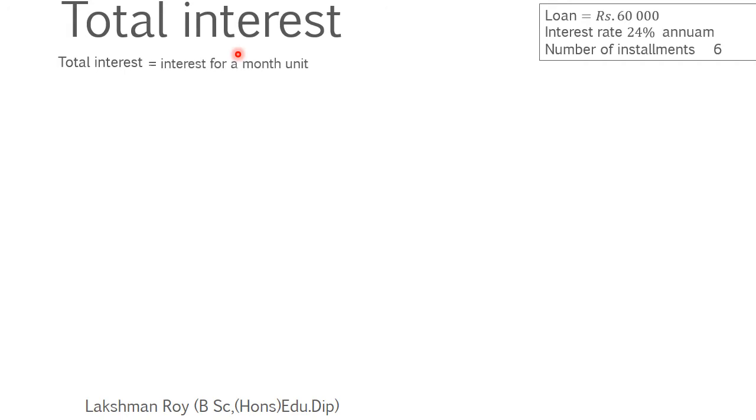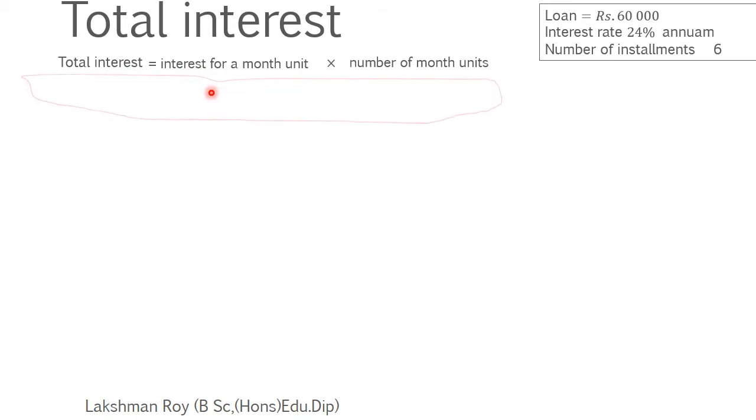One thing is interest for a month unit. Here you get a new word, that is interest for a month unit. We'll see what that is. And also the number of month units. If you take the product of interest for a month unit and number of month units, you can get total interest.